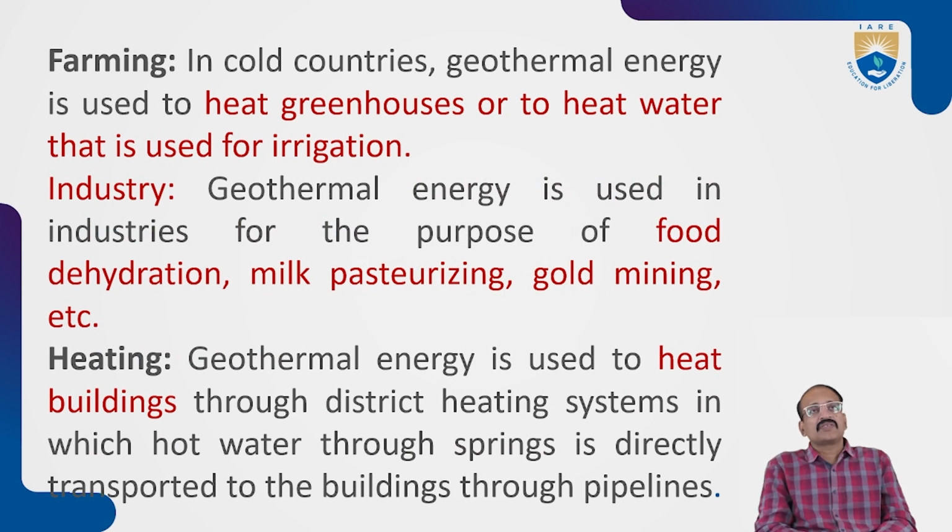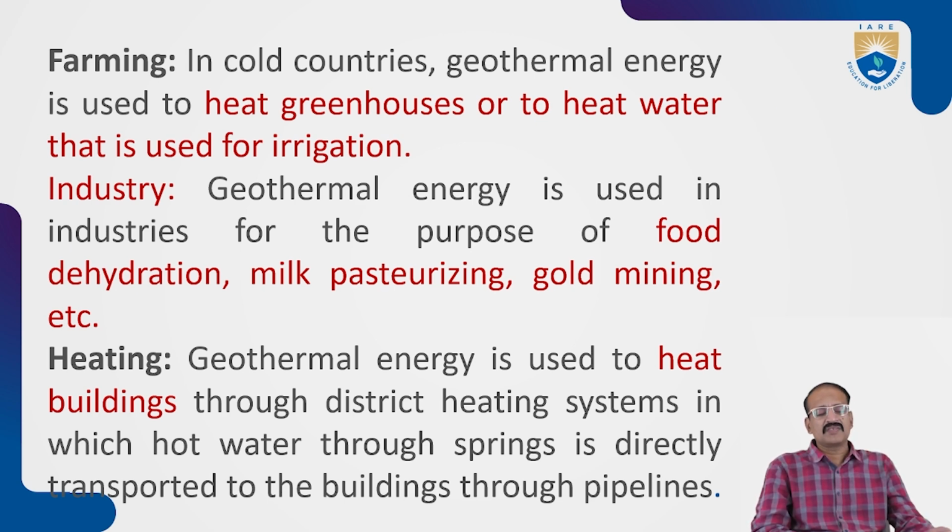So, and also you can use it for farming. In cold countries, geothermal energy is used to heat greenhouses or to heat water that is used for irrigation. So in cold countries, what will happen? Normal water will freeze.